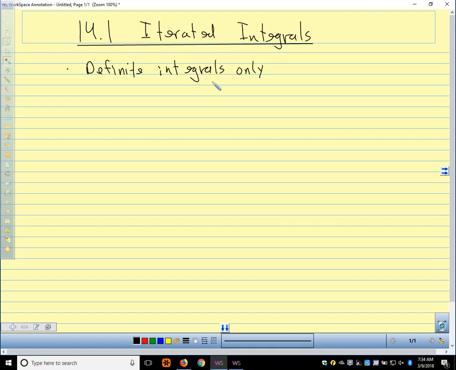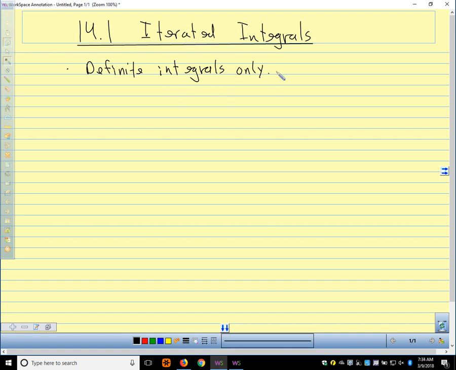We'll do some indefinite integrals in chapter 15, and we saw an example of that on our test as the bonus question.